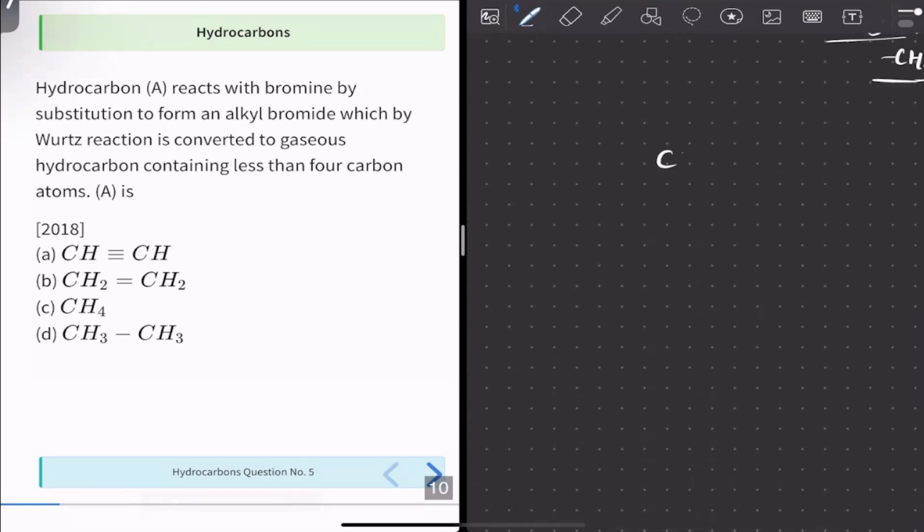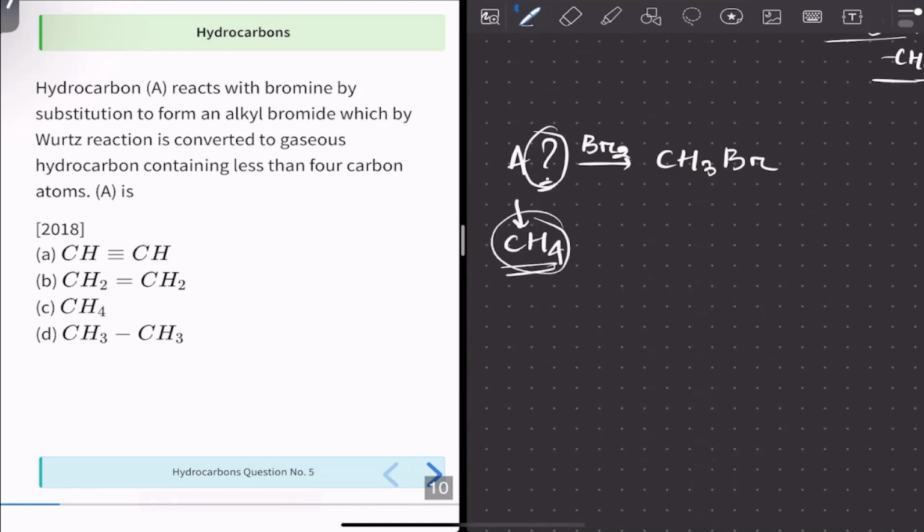So CH3Br will be produced from which alkane? It will be methane. The bromination of methane will produce CH3Br. So the hydrocarbon A will be CH4, methane. Okay, option C is correct.